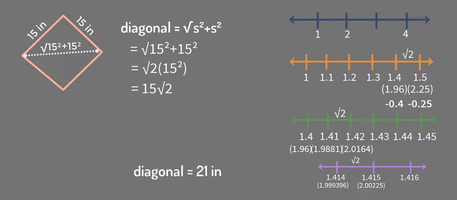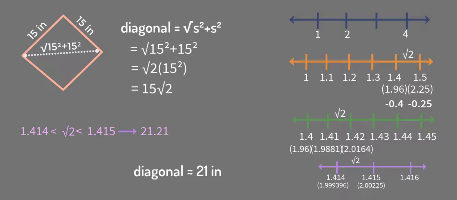With our thousandths, we're looking at 1.414 is less than the square root of 2, which is less than 1.415. What that gives us: 1.414 times 15 is 21.21.